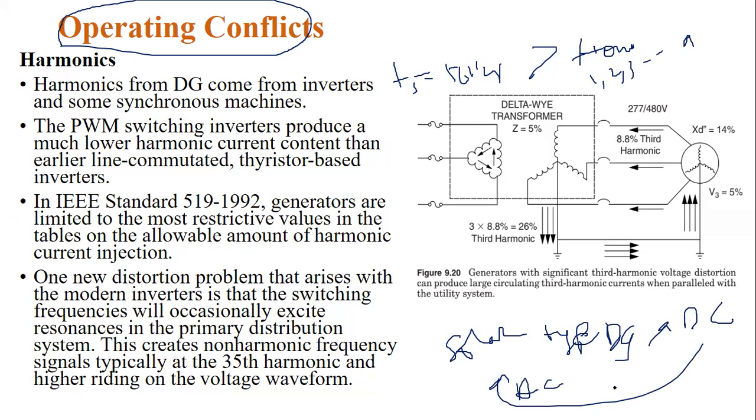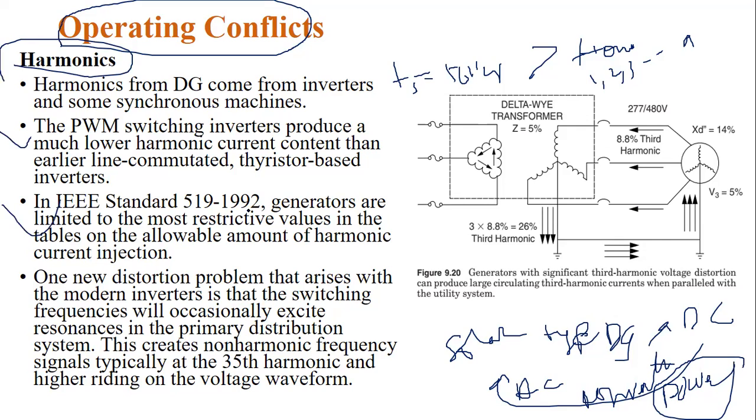So you are connecting DC to AC using converters, that means power electronic converters. The on and off switching of devices like IGBTs, MOSFETs, thyristors and diodes may lead to the production of harmonics in the system. That is defined by the IEEE standards also.